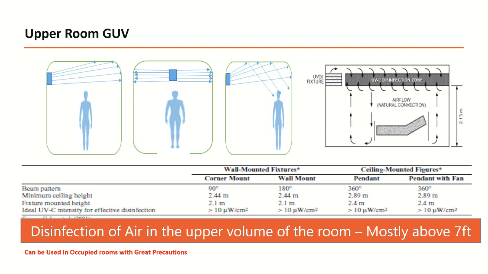One of the major things that happens in such upper room GUVs is the reflected radiation coming down and hitting people, causing discomfort to the people working in the area and affecting them. So care should be taken when you design and install these products.